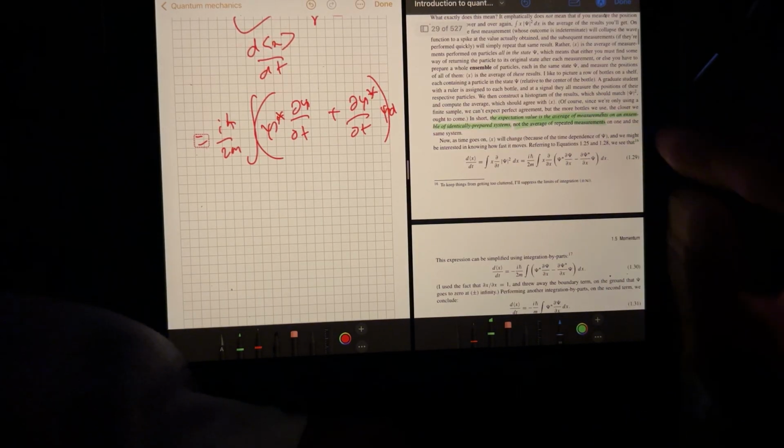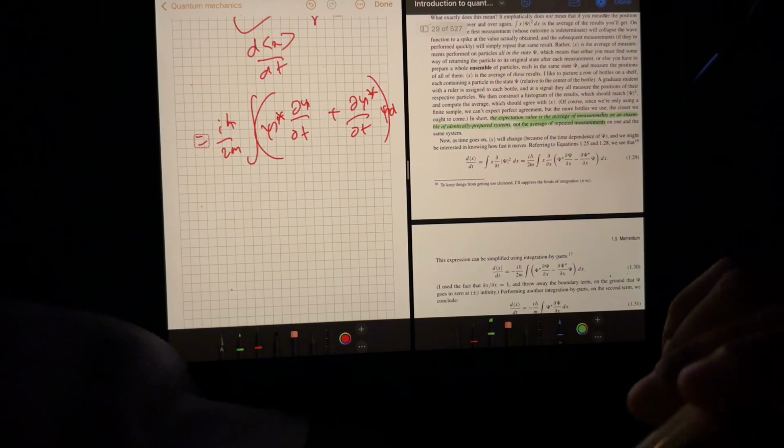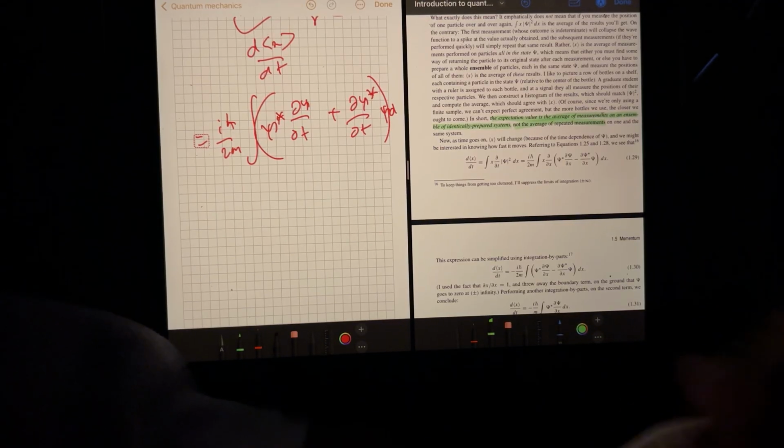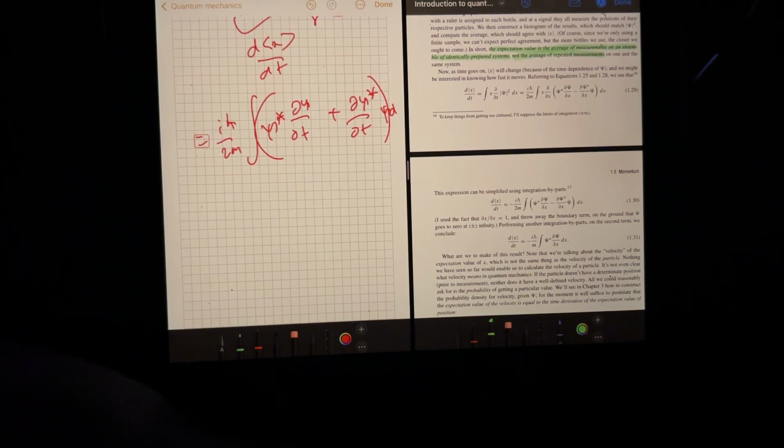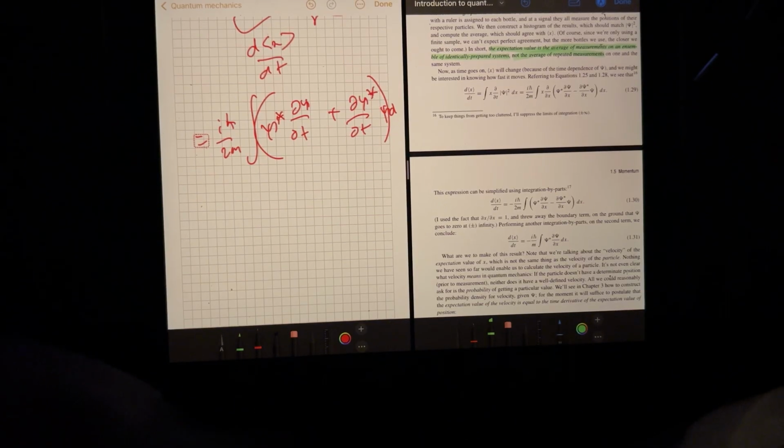Well, why would it be minus? I don't understand this part. He said as time goes on, okay, fine.